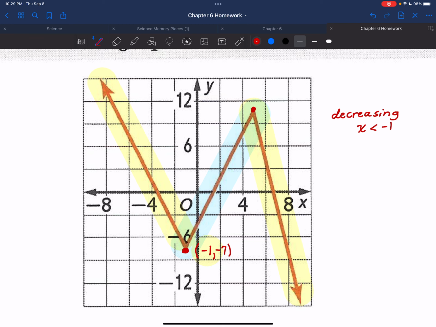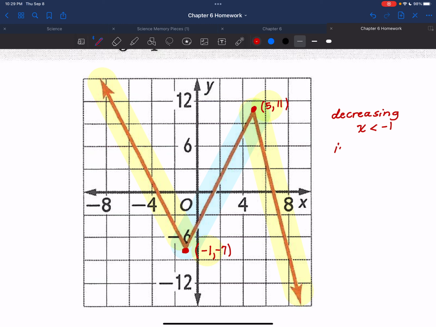Then this blue section, from that point I graphed up to this point, which is over 2, 4, 6, so over 5, and up to 6, 9, 11, I'm going to guess, but it's the y that doesn't matter. We need the x value.